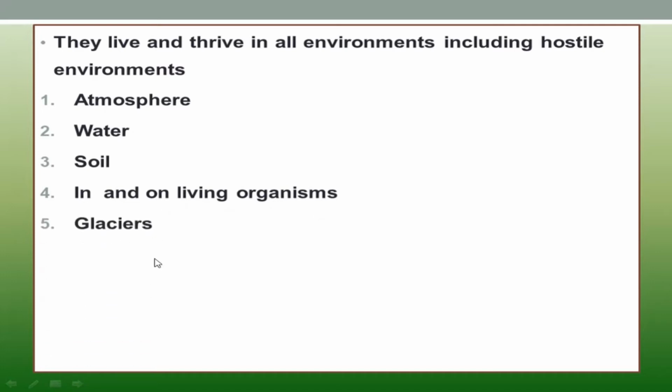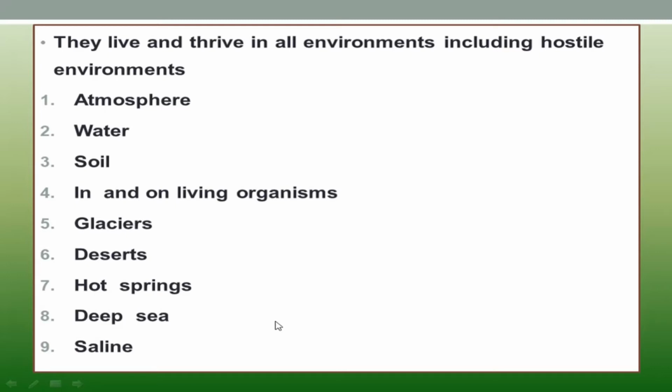Next one, glaciers. Next one, desert. Hot springs. Next one, deep sea and saline environments. Those are the different types of environments where microorganisms can be seen.